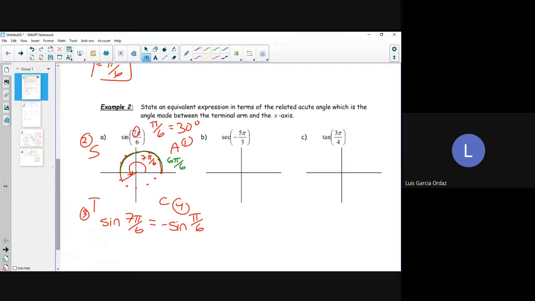Where our terminal arm lands is in quadrant 3, but it only lands on one of the 30-degree intervals. So this acute angle over here is going to be pi over 6. And because we want an equivalent expression, since sine is negative in quadrant 3, we have to write sine as negative. So negative sine of pi over 6 is equivalent to sine of 7 pi over 6.